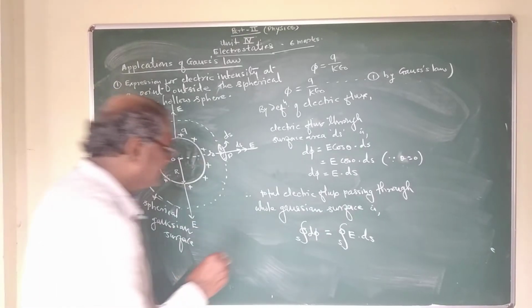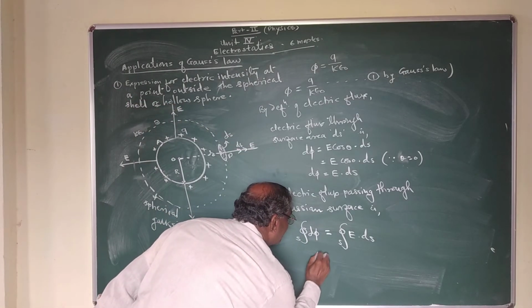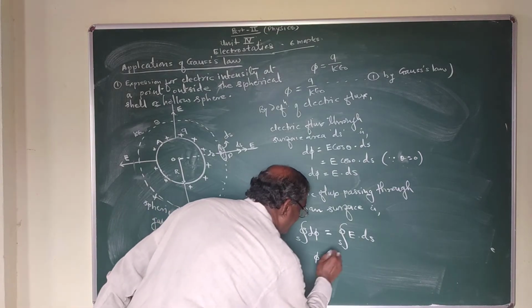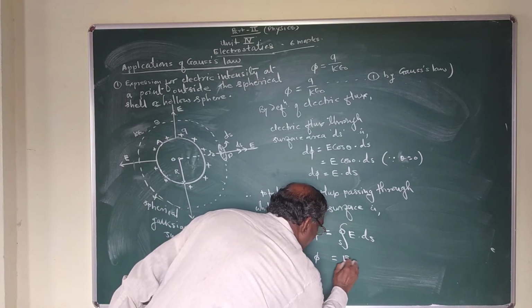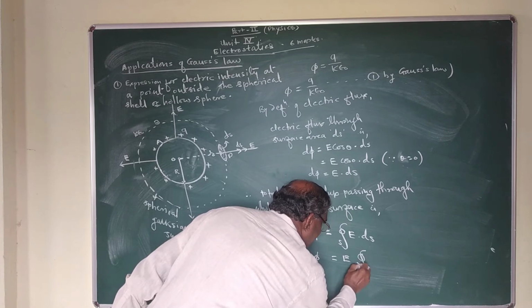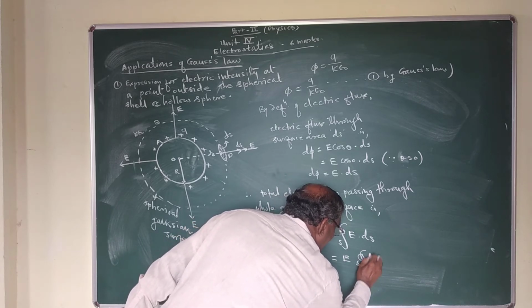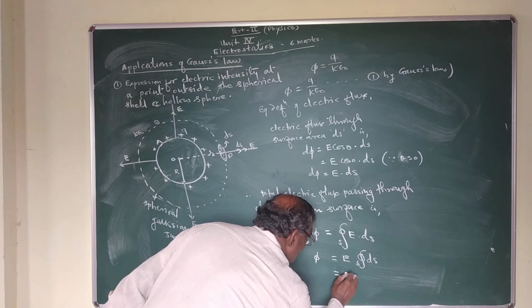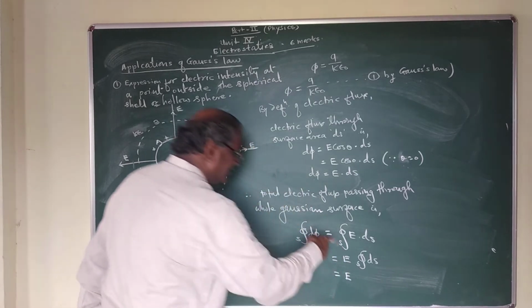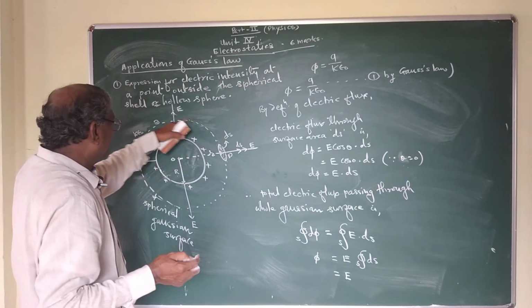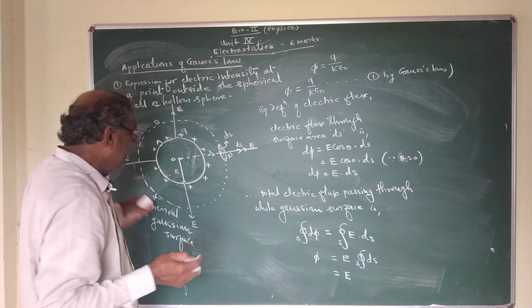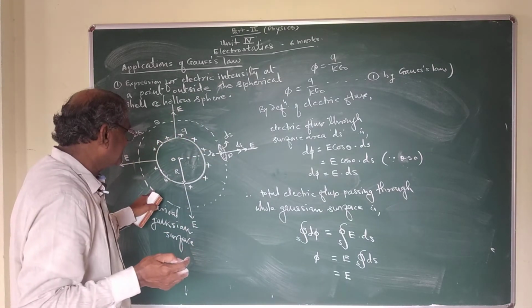This is phi, the total electric flux, that is E times the closed surface integral of ds, which is equal to the surface area of the spherical Gaussian surface.